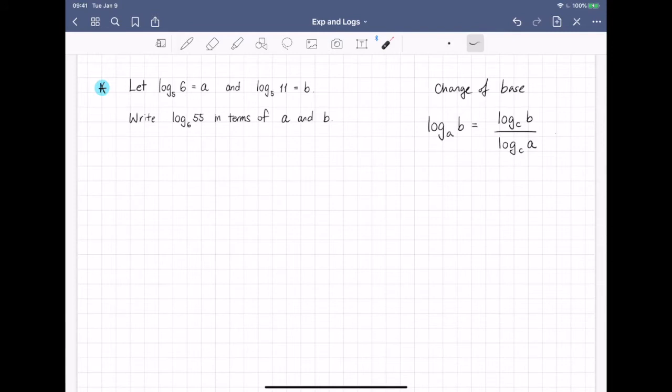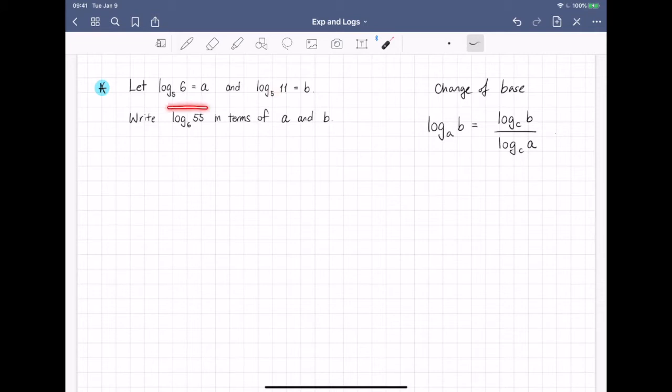A lot of times you can technically choose whatever base you want, but if you're trying to be clever about it, you would maybe use c equal to a or b. That way one of them will cancel out, become 1. Or in this question, you know log base 5 of 6 and log base 5 of 11 as a and b.